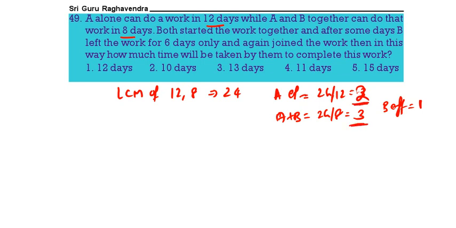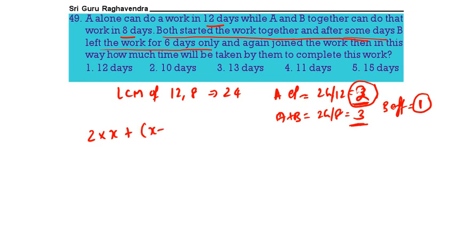Now, what is given? Both started working together, and after some days B left the work for 6 days. Suppose A works for x days, with efficiency 2, and B leaves the work for 6 days.